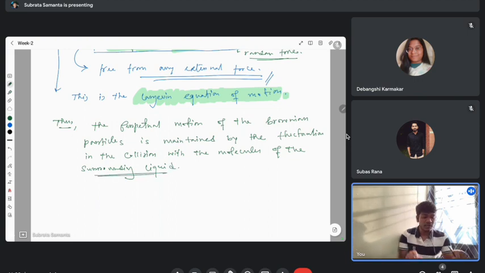So this random force actually comes from the collisions with the other molecules in the bulk.